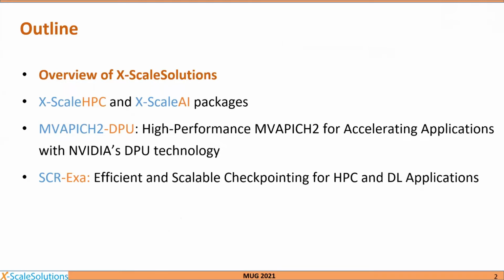Then I will discuss some of the existing products like the Xscale HPC as well as Xscale AI packages. I will just touch on them briefly. Then I will focus more on the two new products in the pipeline. One is the MVAPICH DPU. The other one is SCRX.